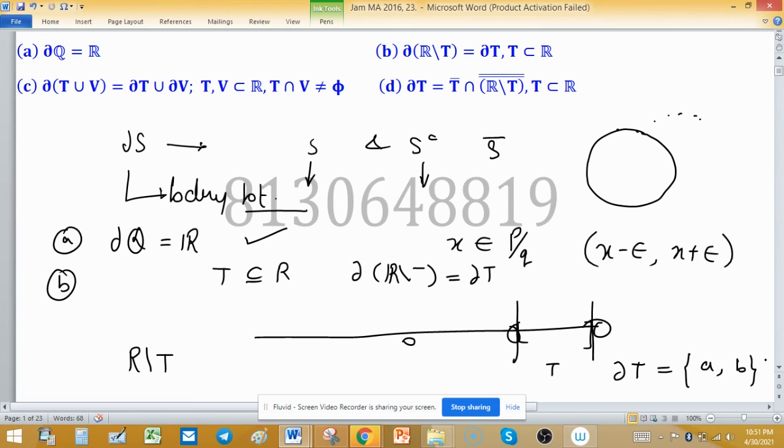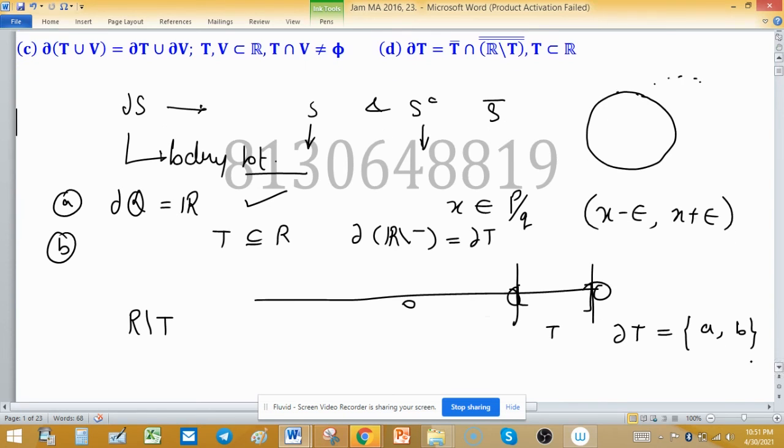So we have to check statement C also. ∂(T union V), where T and V are proper subsets of R, and the intersection should not be the empty set. So consider T is an interval. Interval is an easy one. We can find boundary points easily.